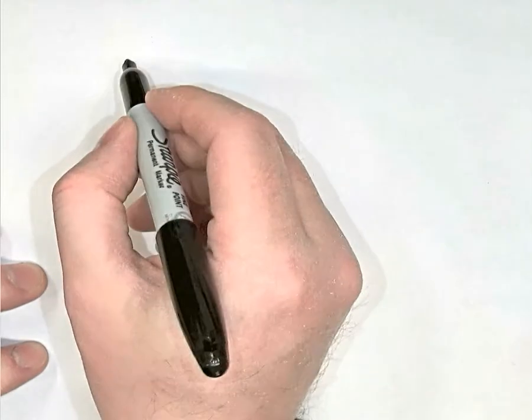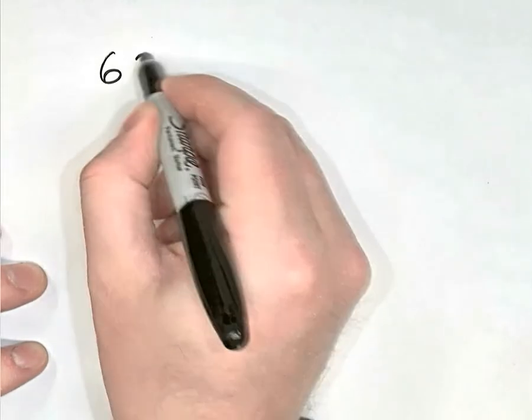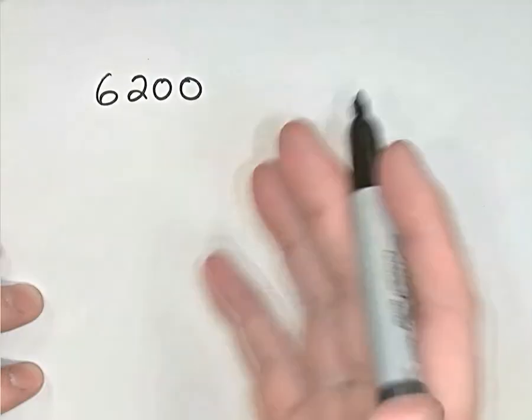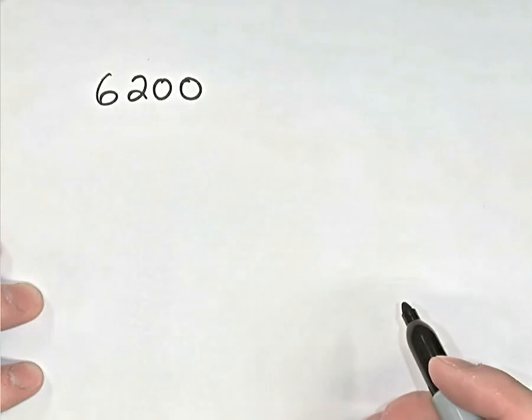Scientific notation is used to write large numbers or small numbers, typically, but it can be used for any number you like. For example, let's take a number like 6,200. You can write it like this. We would call this standard form, 6,200.